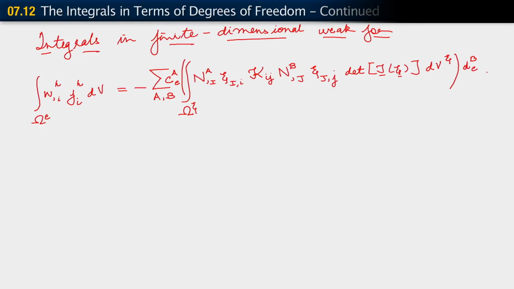Now, if we stare at this integrand, it looks a little daunting, doubtless, but we observe that the Einstein summation convention is at work, and so really what we have left is going to be an expression which takes on values depending upon the specific element degrees of freedom, capital A and capital B. The capital I, capital J, little i, little j are going to be, so to speak, contracted out, to use the terminology of tensors and vectors.